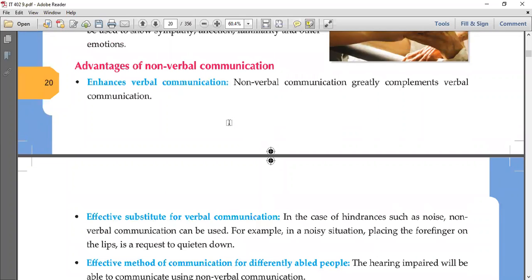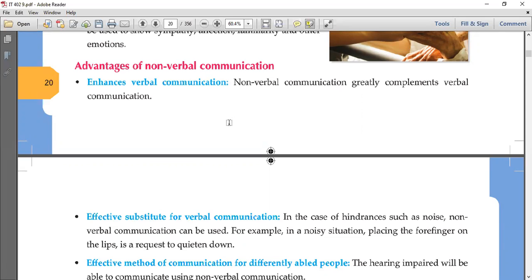First thing is that if you're talking to somebody and in the meanwhile you also use certain hand gestures and face gestures, that adds to the communication, right? So even if you're talking, through your gestures, through non-verbal communication, the other person will be able to understand you better, right?